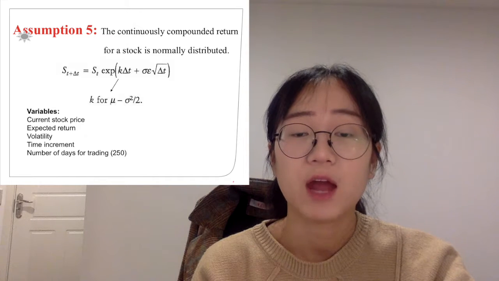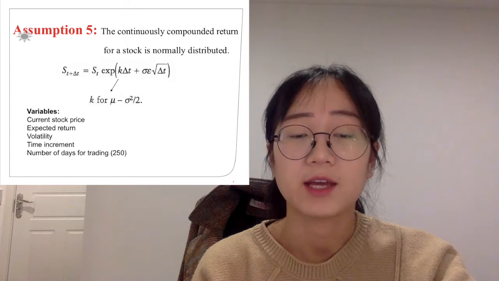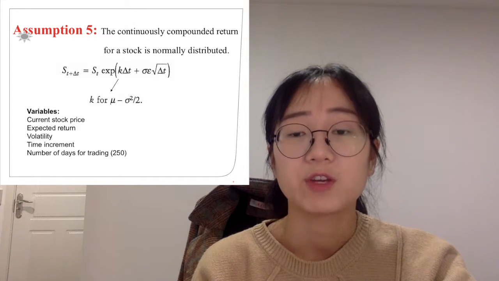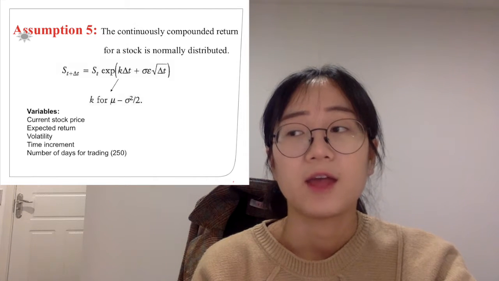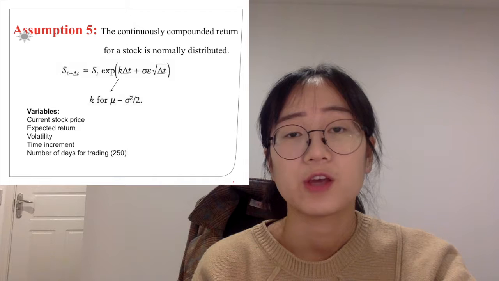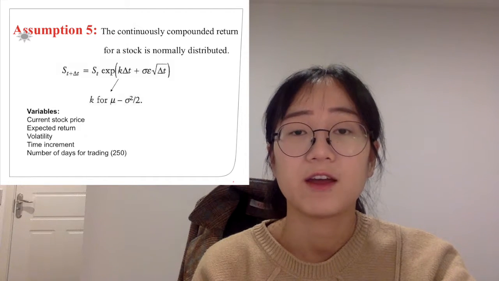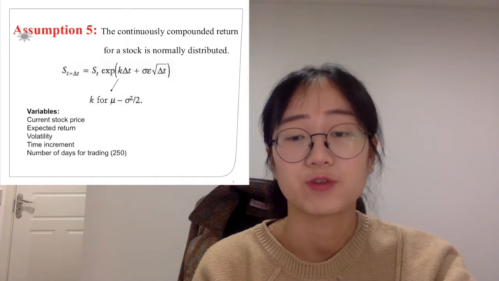There are 5 variables in this part: current stock price, expected return, volatility, time increment, and number of days for trading. And by the way, we assume the trading year is 250 days. And we also find the formula to calculate the K, which is the expected return minus half of variance.